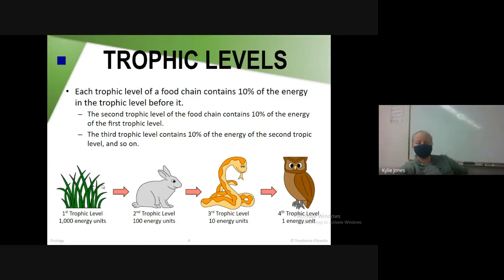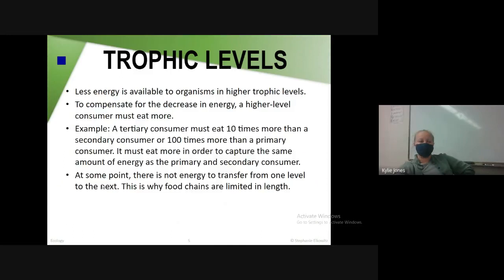We're almost done. Next part. More about trophic levels. Less energy is available to organisms in the higher trophic levels. So the higher you are up in the energy pyramid, the less energy you're going to have. So to compensate for the decrease in energy, the higher level trophic consumers need to eat more.